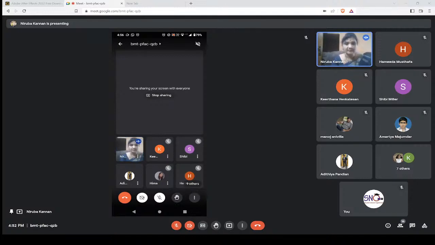Where is the home button here? The main home button, is it not visible for you, ma'am? Yeah, the home button is here. Which home? The Google Meet's home button? Yes, ma'am.